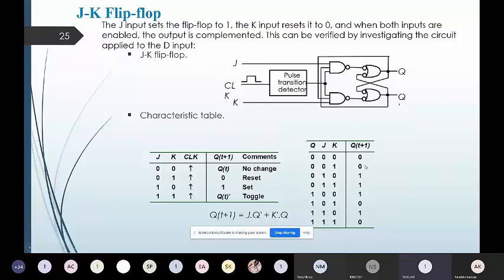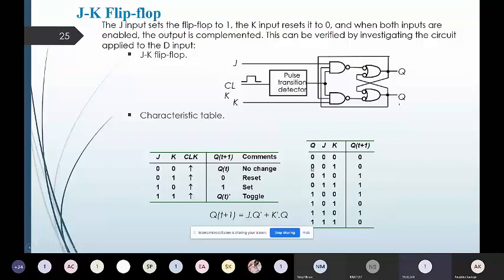So if I have present state at 0 and both inputs are 0, we are saying that there will be no change in the next state. So next state, that is Q of t plus 1, will be Q of t. And that's why here in the first row, the Q of t plus 1 value has become 0.